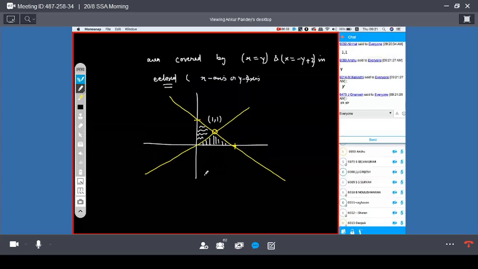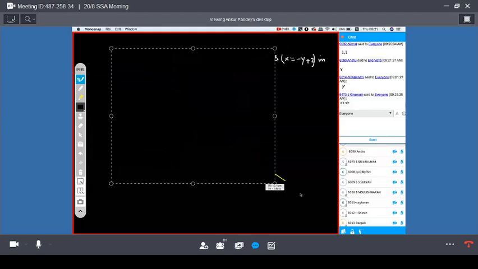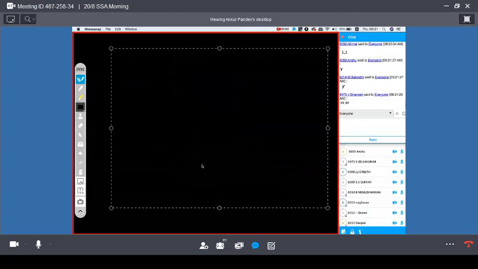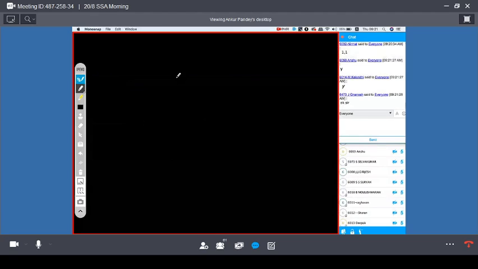Good. Sure. Got it? So this is about area under the curve.